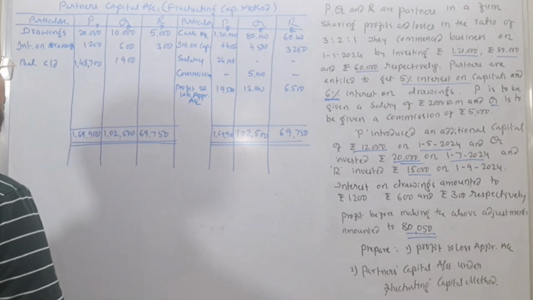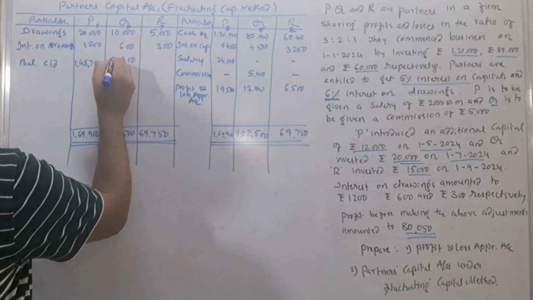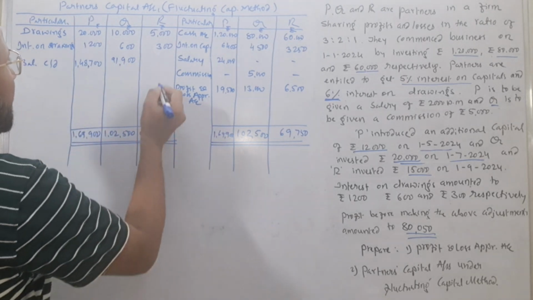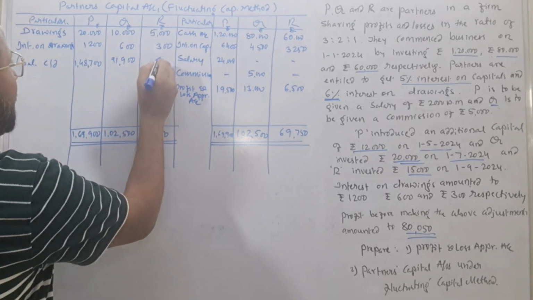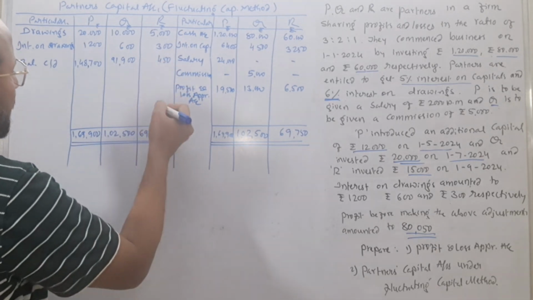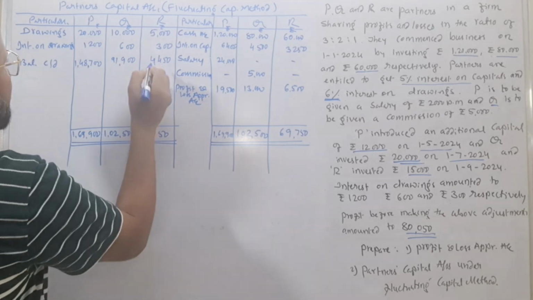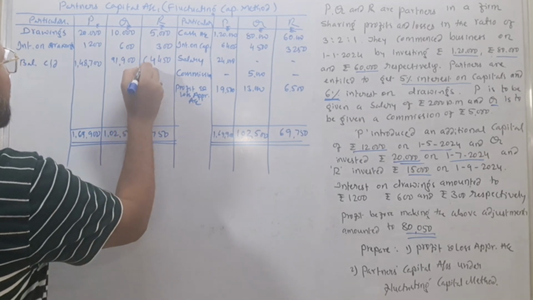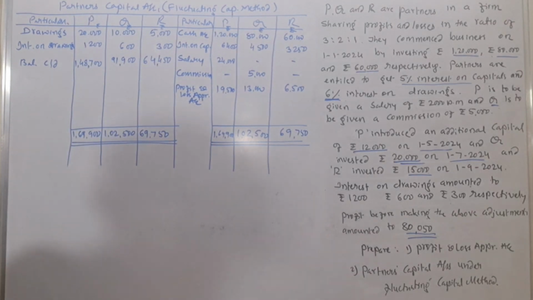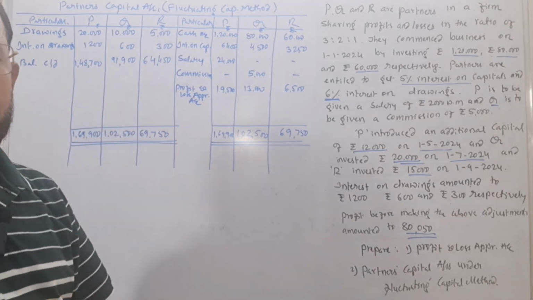Next one is 91,900. And here comes to 450. 64,450 is the balancing figure in case of R.